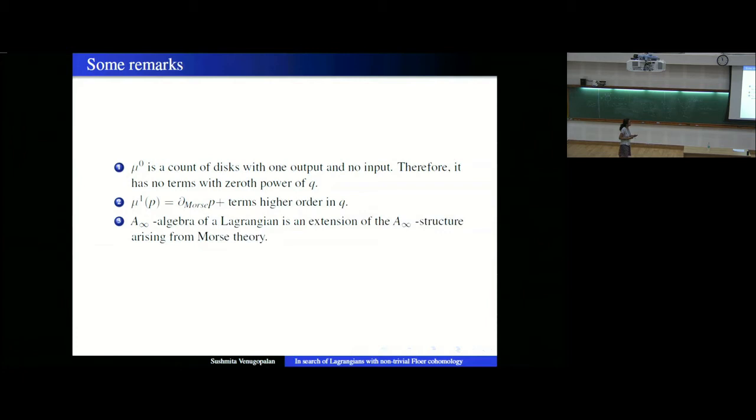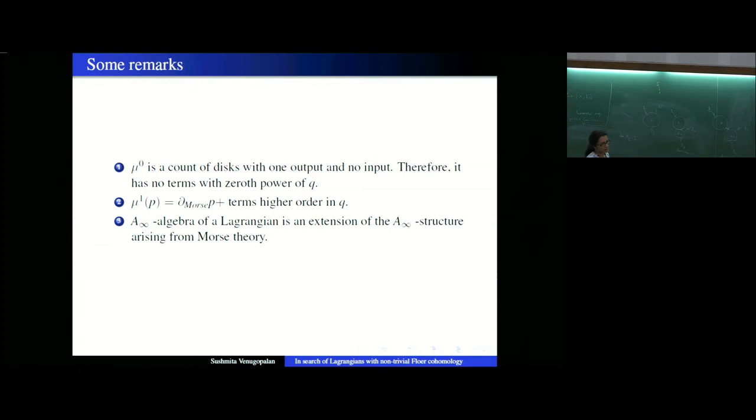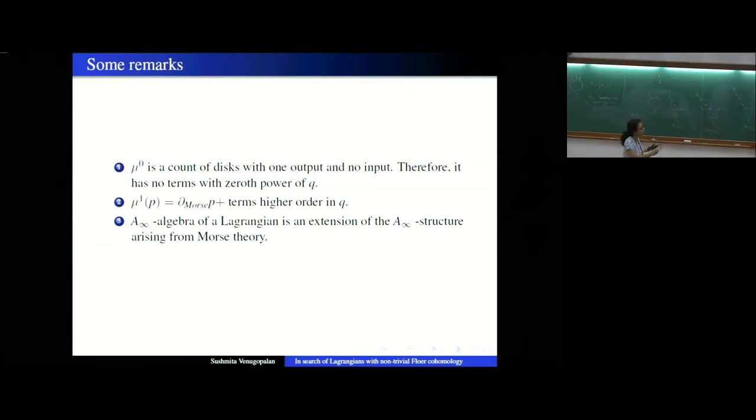Otherwise, you can also have a 0th power of q. For example, in the mu1 case, if you are at a critical point, you could just have a gradient flow line with no disk. So if it's an isolated gradient flow line, that makes an appearance in mu1. But in mu0, you have no such contributions.